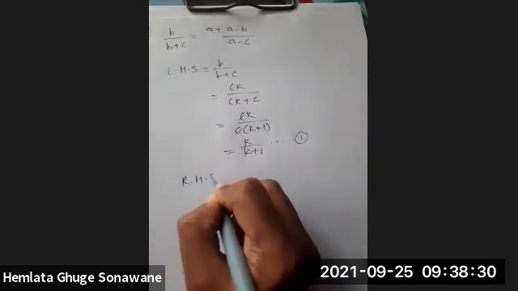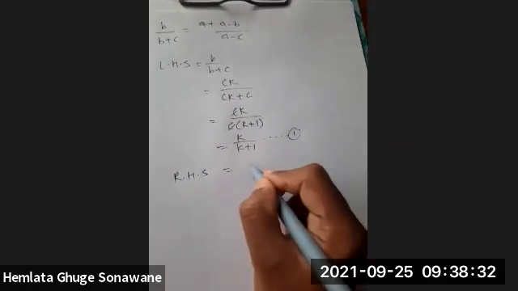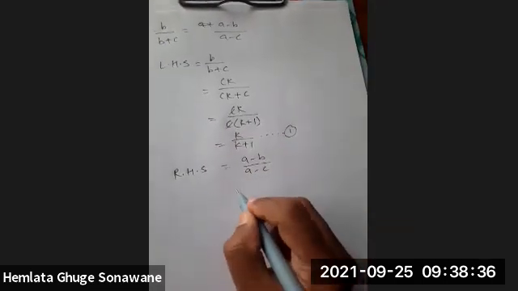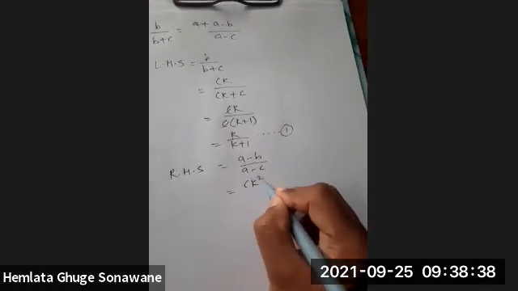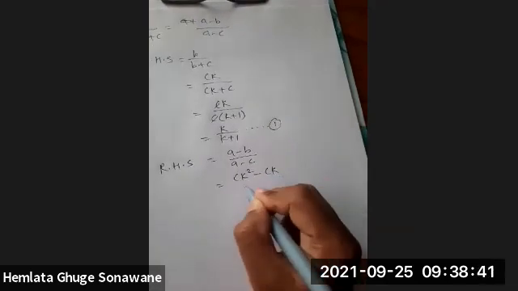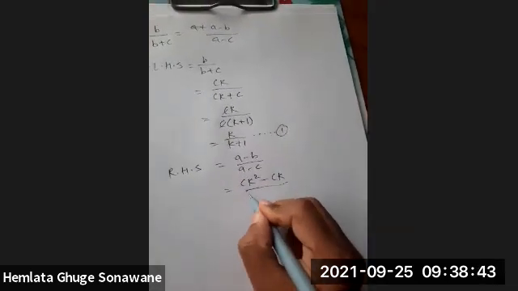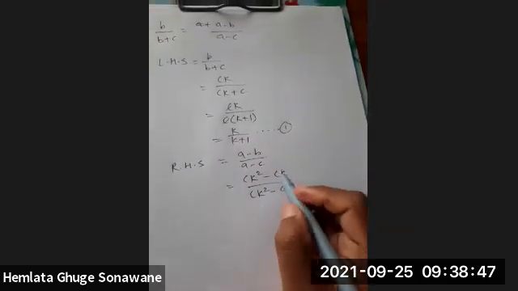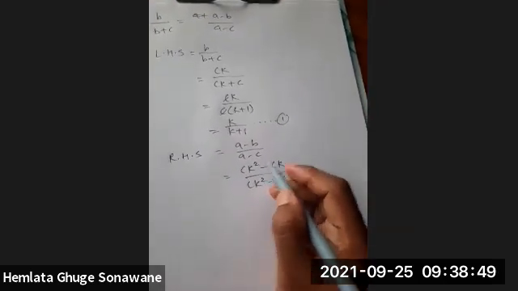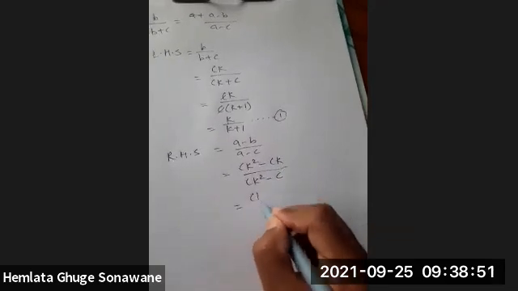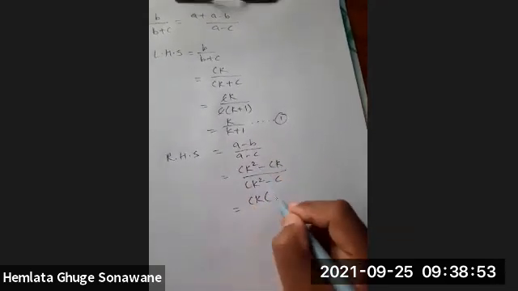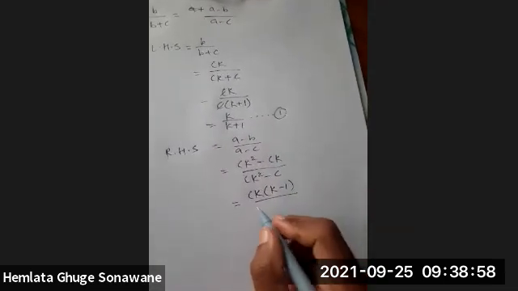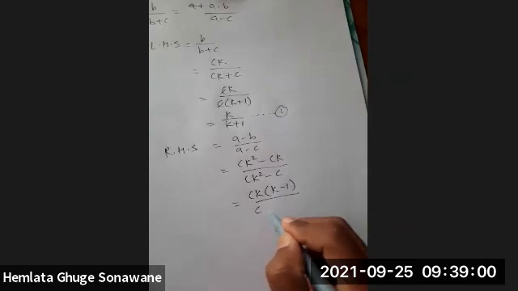For the right hand side also we'll do the same thing. A minus B upon A minus C. That is CK square minus CK upon A is CK square minus C. Here we'll take CK common. So what is remaining here is K and here minus 1, upon, here we can take C common.